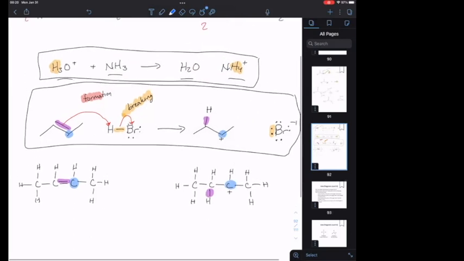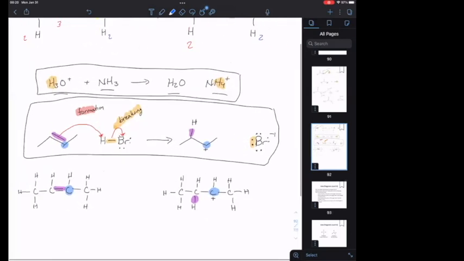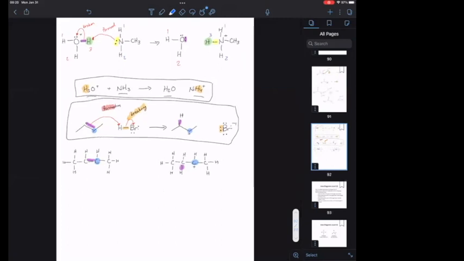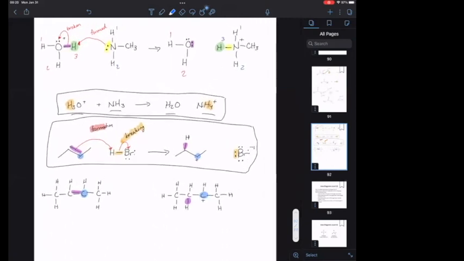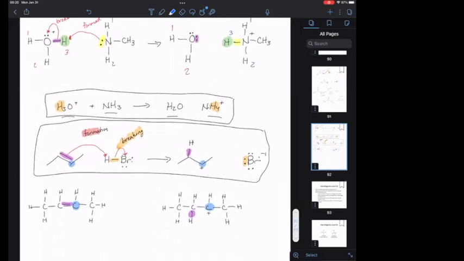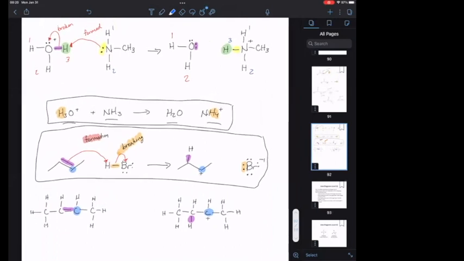So these are the 2 types of bond formation that you'll see with our electron pushing arrows. One is electrons that started as a lone pair becoming a bonding pair of electrons. And the other one is electrons that started as a pi bond, the second in a double bond, becoming a new bonding pair of electrons.